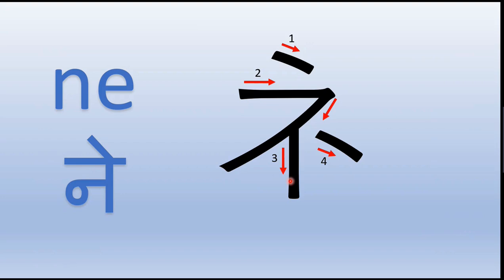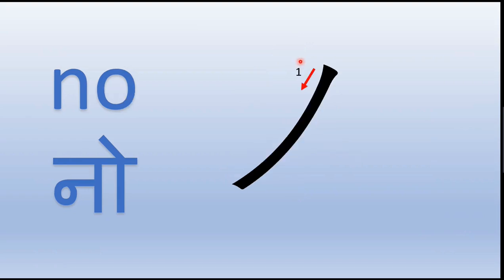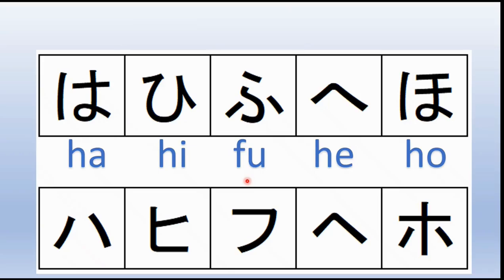Then we have this vertical stroke as the third stroke and the final one, the fourth stroke like this, which is parallel to stroke one. So this is ne. And the final one is no, which is just a steep slope kind of segment from top to bottom and from right towards the left. So this was na, ni, nu, ne, no.